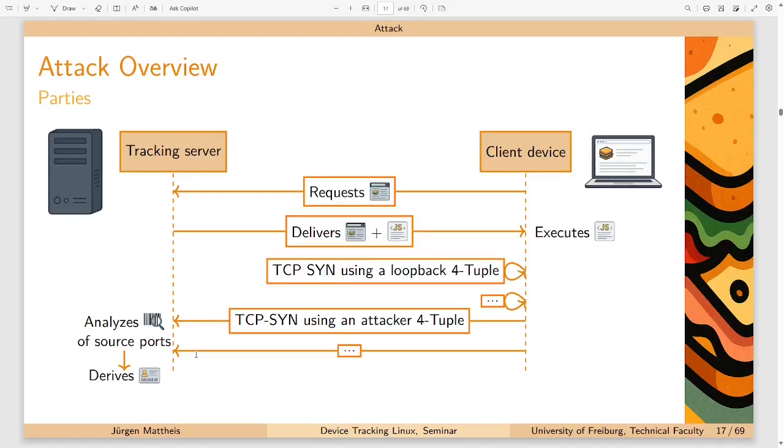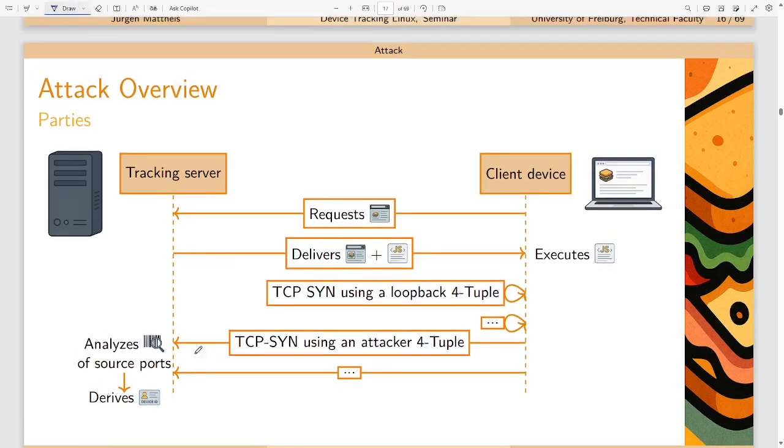And now we come to the actual attack. The attack basically has two parties: a tracking server and the client device. First, the client device requests a website. The tracking server sends the website, but it also sends a tracking snippet, which is basically also part of the website. This JavaScript tracking snippet gets executed, and then it makes several connection attempts with so-called loopback 4-tuples, I explain later what that is, and attacker 4-tuples.